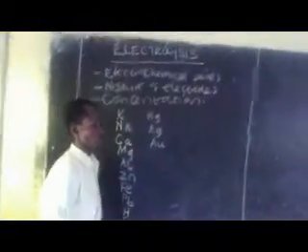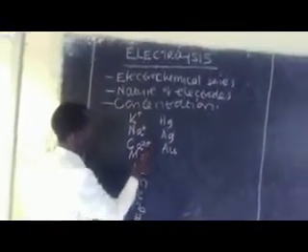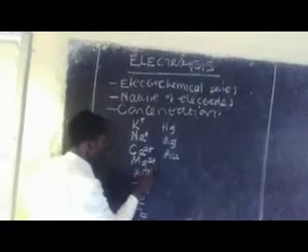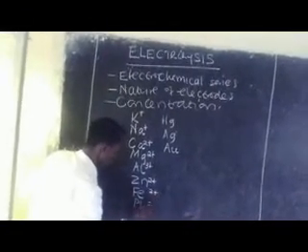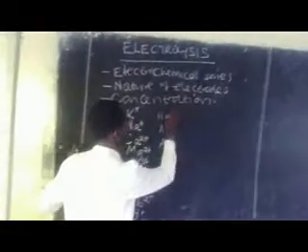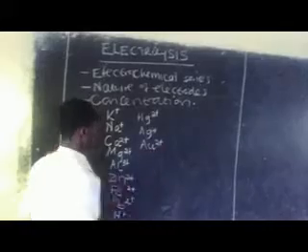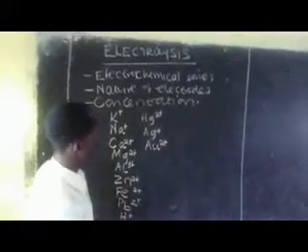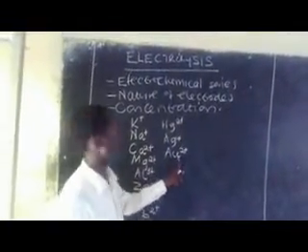So these are the characteristics of metals. When you put the charges, they become charged ions. So potassium is the most reactive, and this is the least reactive.